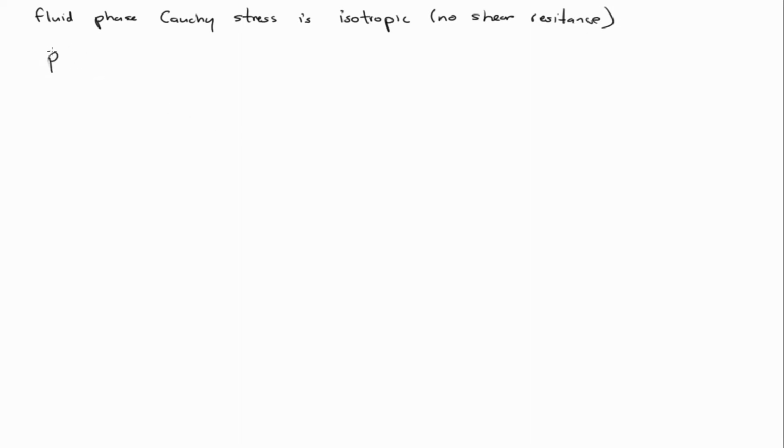So the pressure of the fluid times the identity matrix is equal to the fluid stress. We wrote this equation earlier. It's just now I have a superscript on it indicating that it's fluid.